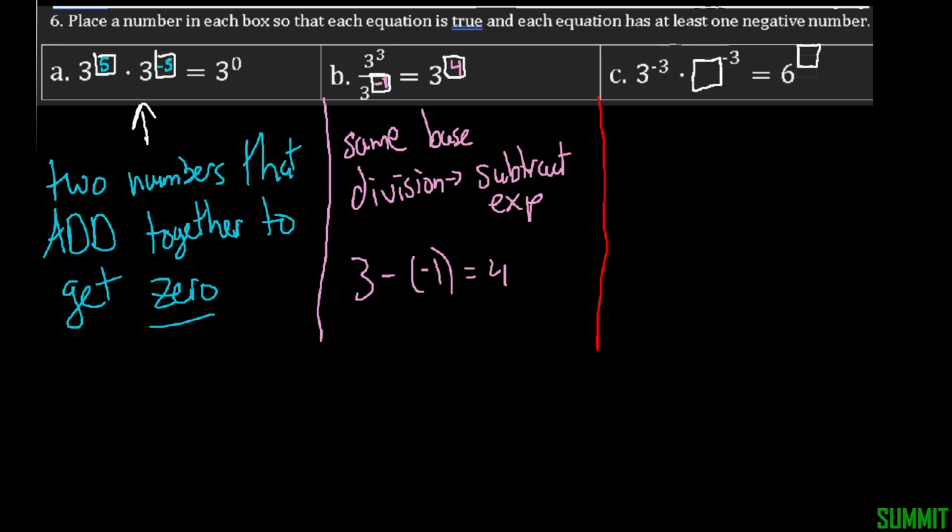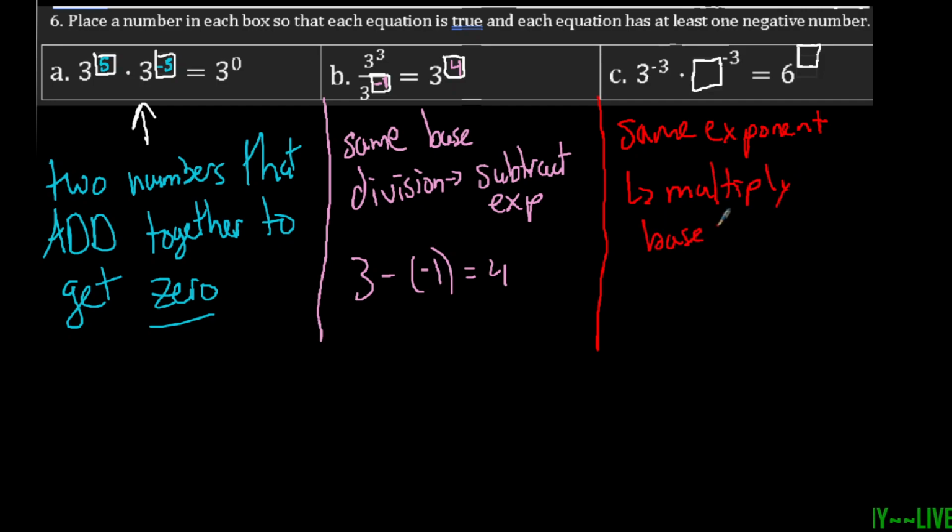Same exponent means to multiply bases. So basically what I'm figuring out is what number times 3 equals 6? For that one, I know it's going to be 2. And so that means my exponent is going to be -3. It keeps the same exponent. I just have to make sure that I have the correct base for this one.